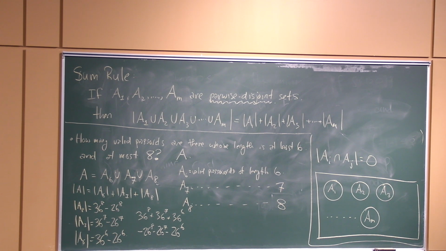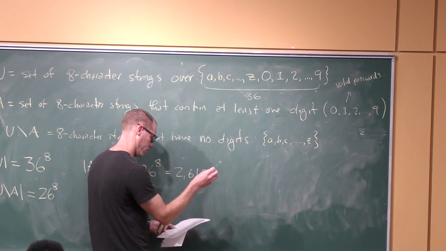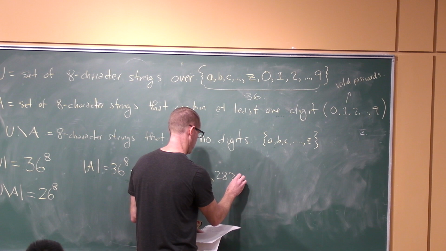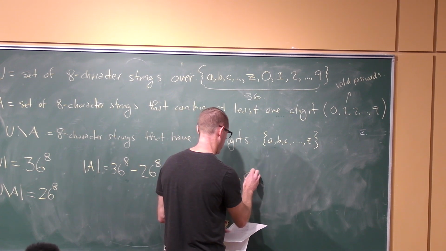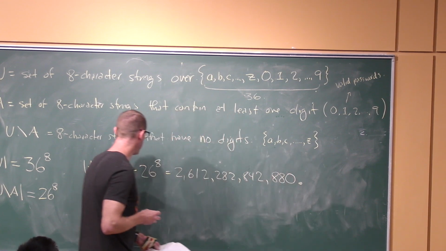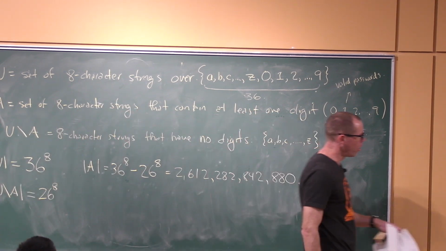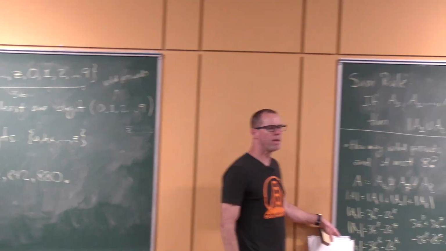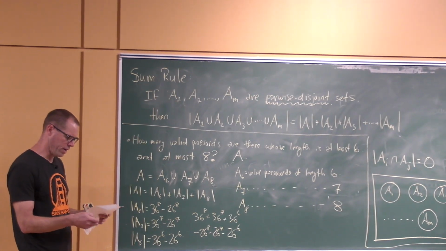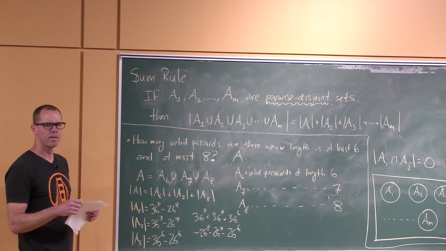I've got them both here just to compare. So that's the number of valid passwords of length 8. And what if I count all the passwords of length 6 and all the passwords of length 7 and all the passwords of length 8? Do you think that's much, much bigger? I think it's like 3 times bigger.